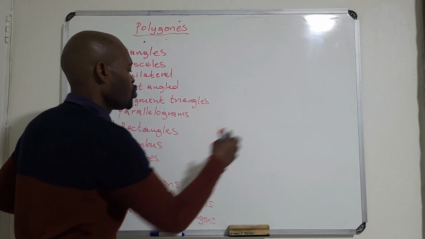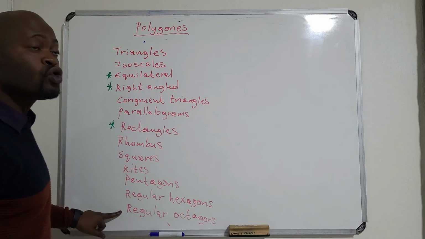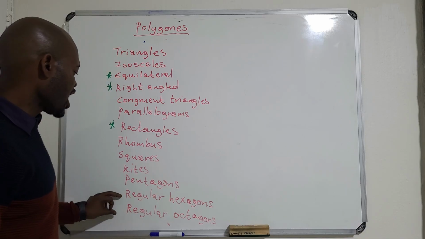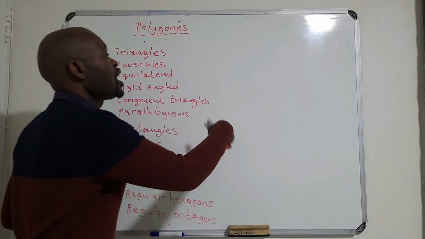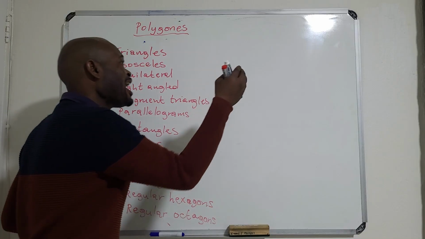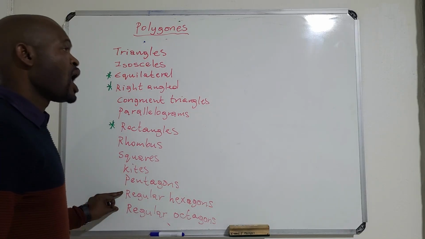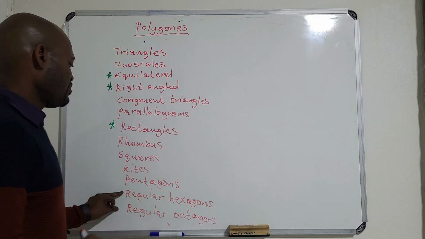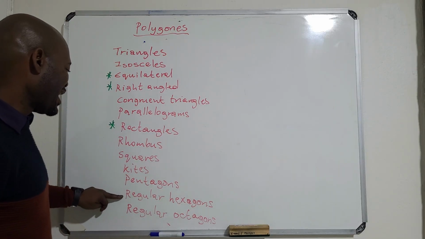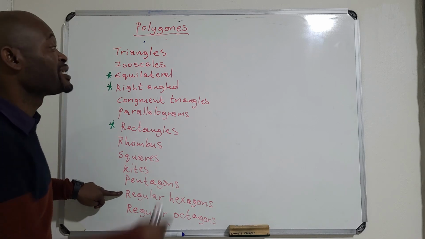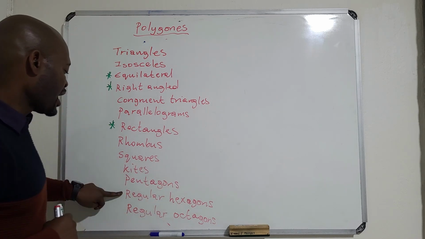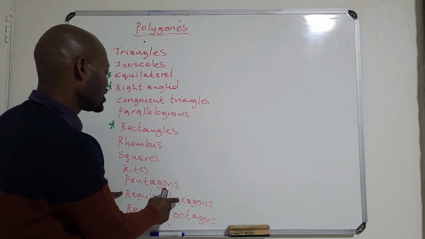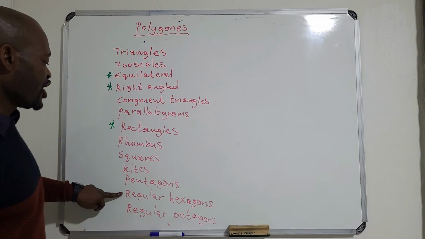If I have two regular hexagons or two regular octagons, since they are regular, they've got equal sides. Therefore, the angles between the sides are also equal. The corresponding angles are going to be equal for regular hexagons, and corresponding sides are going to be in the same ratio.